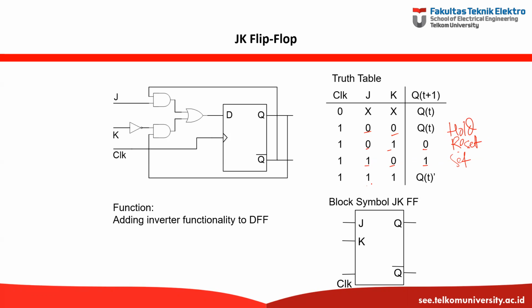And when J is 1 and K is 1, the output will become the opposite of the previous output. That's why it's called toggle. So when the output is now 0, clock, it will become 1. Clock, 0. Clock, 1. Clock, 0, etc. That's what we call toggle mode.